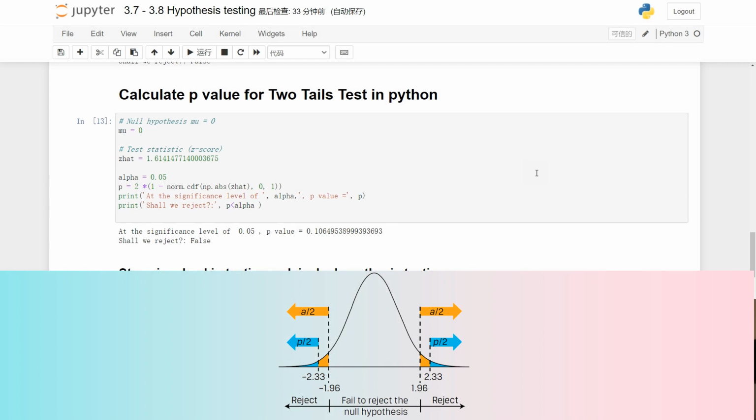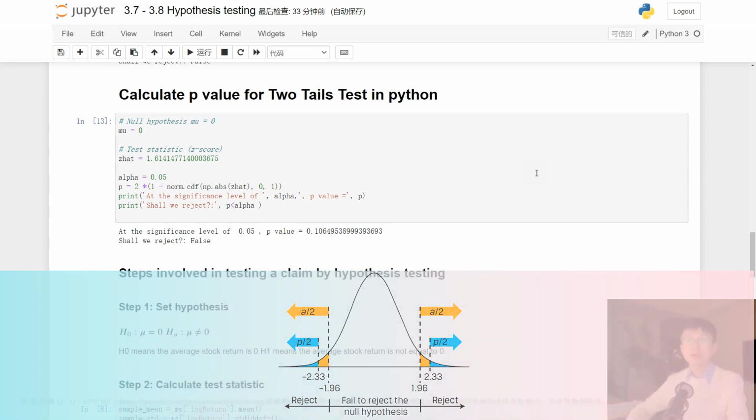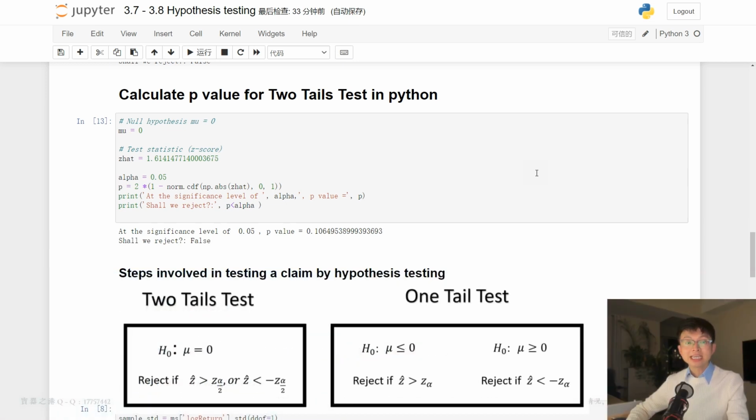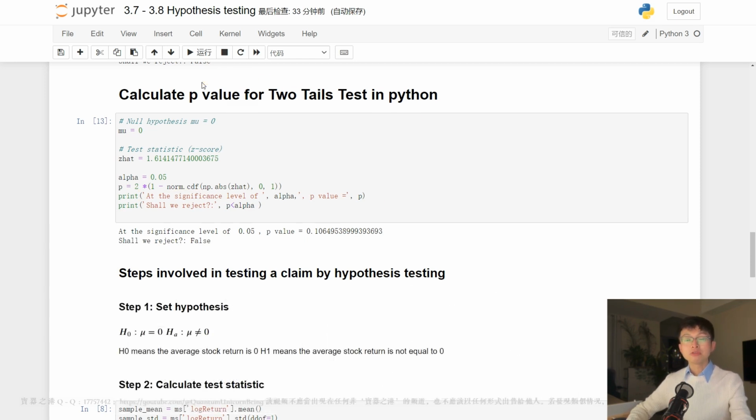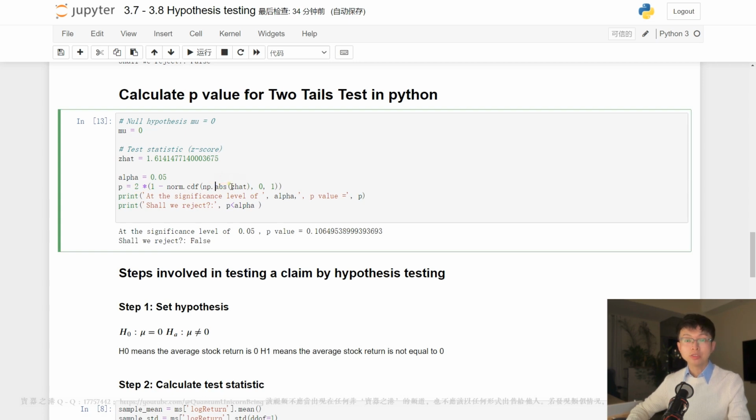This probability is known as the p-value, and if it is less than a predetermined threshold, which is alpha, it indicates that the null hypothesis is unlikely to be true. With the p-value approach, we only need to compare it with alpha, even though the method of calculating p may differ. A demonstration of the p-value approach can be observed in the two-tailed test. The function ABS is used to calculate the absolute value, while norm CDF computes the cumulative probability.